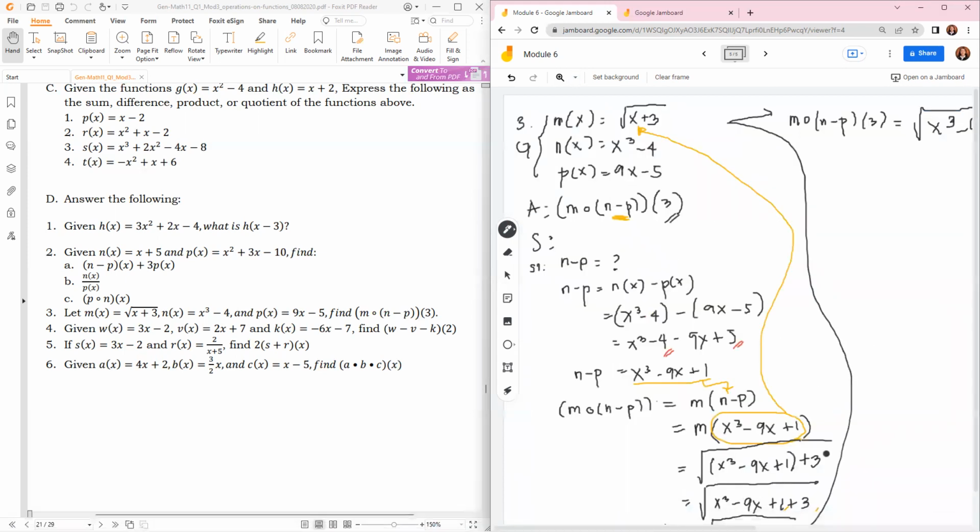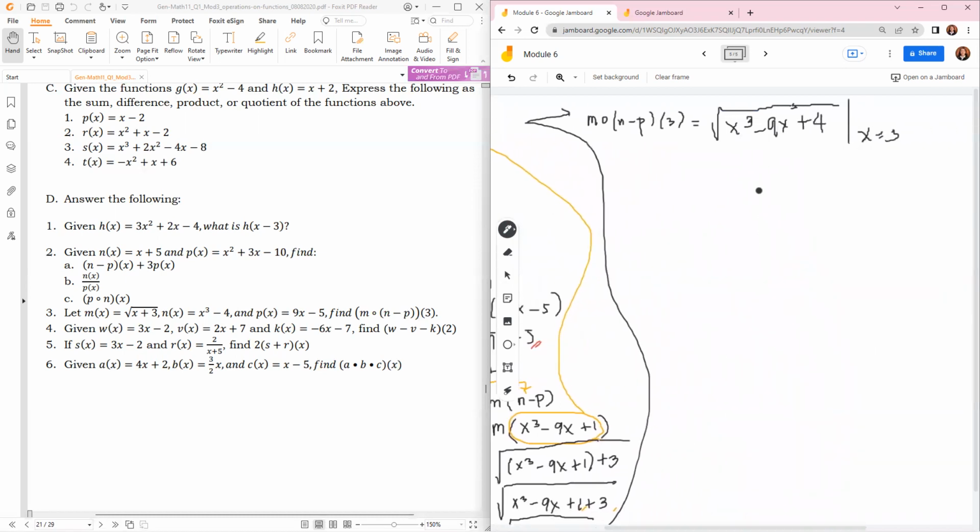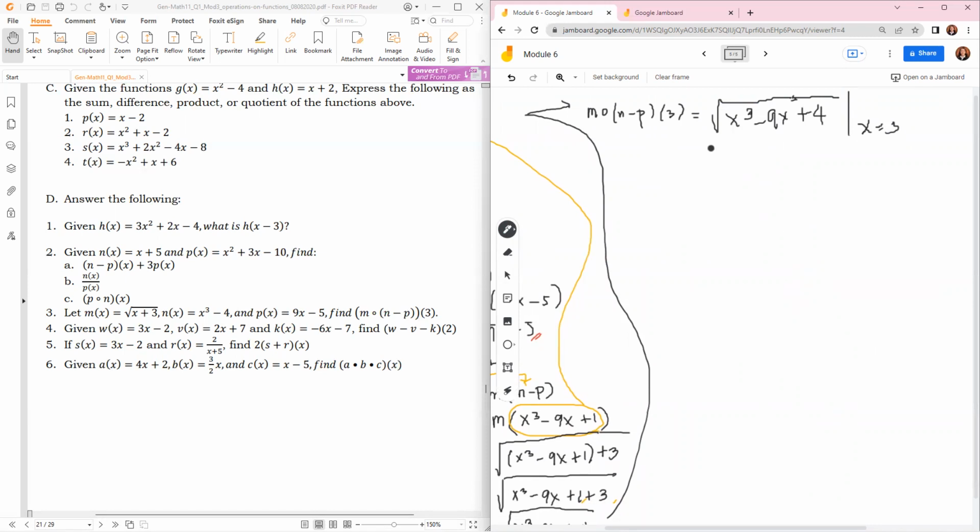So we are going to substitute the 3 into our simplified expression. So it is equal to 3 cubed minus 9 times 3 plus 4.